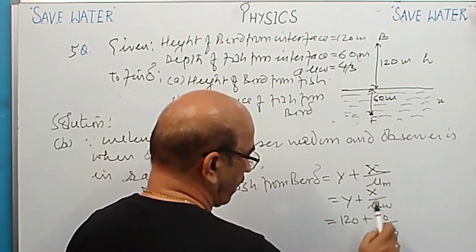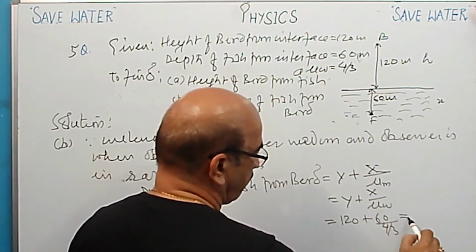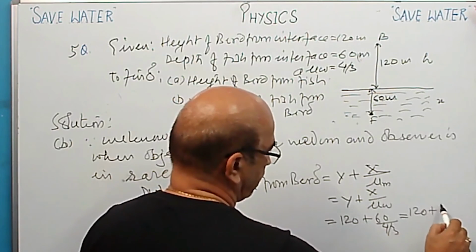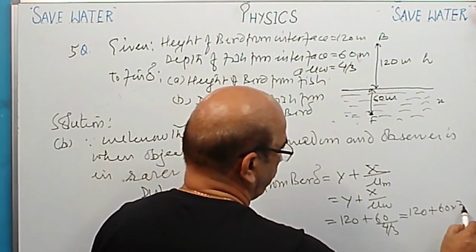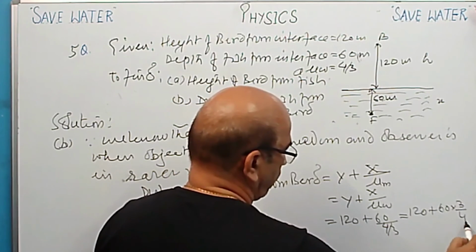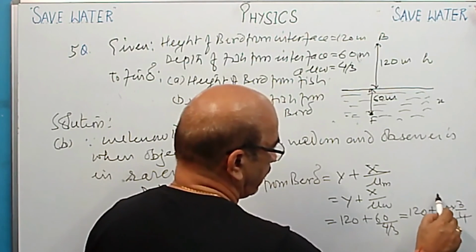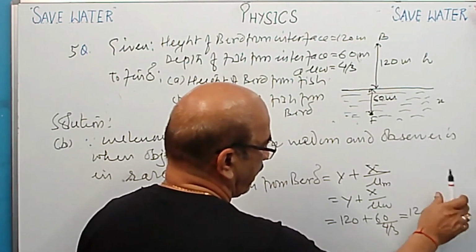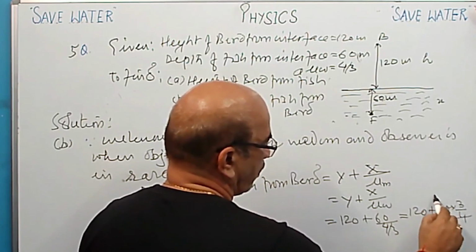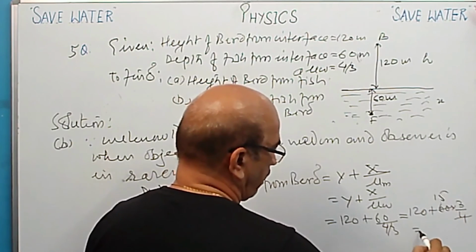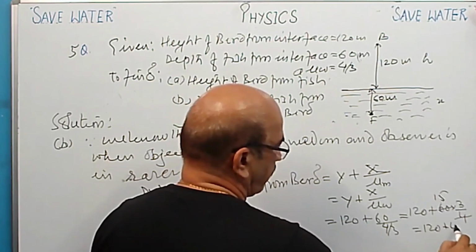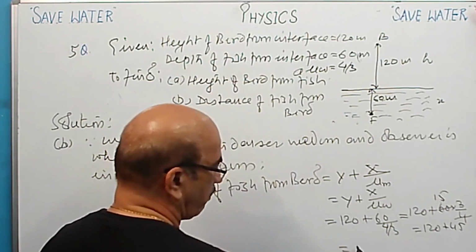So it will be कितना हो जाएगा ये? In this case it will be 120 plus 60 into 3/4. Here it is 15. It is 15 and it will be 120 plus 45 and total will be how much?